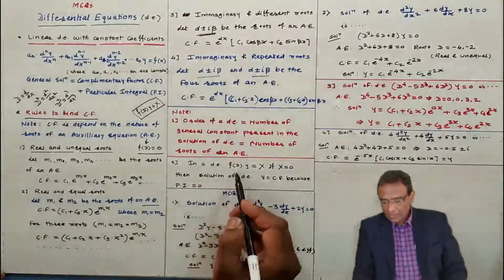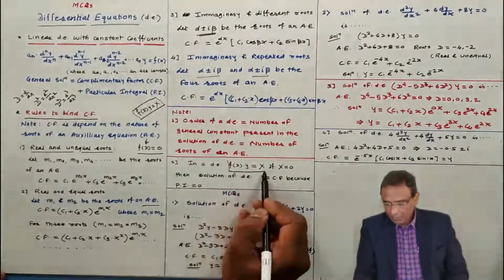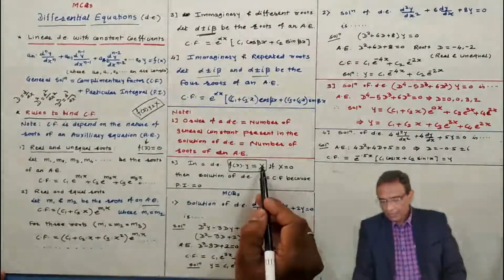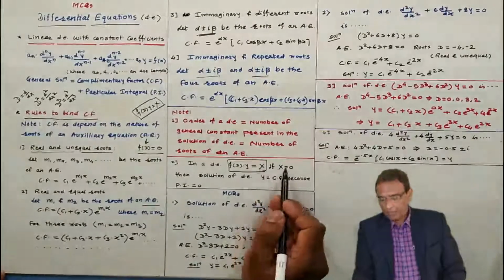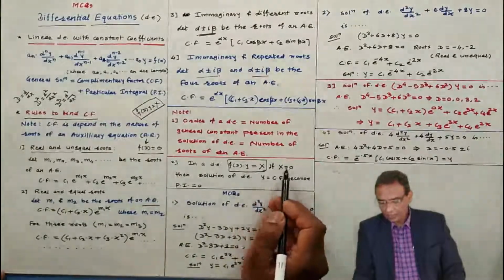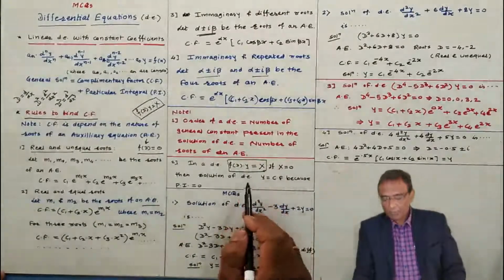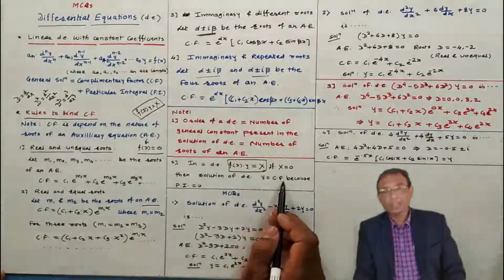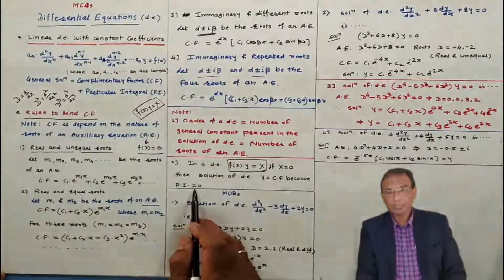Now, in the standard form of a linear differential equation with constant coefficients, if the right hand side is 0, then the solution of the differential equation will be what? The complementary factor itself, because the particular integral is 0.